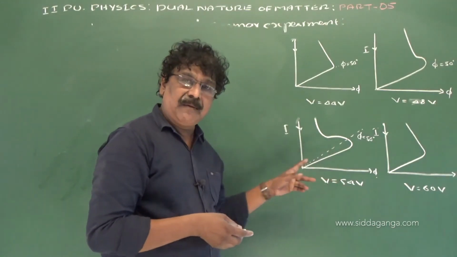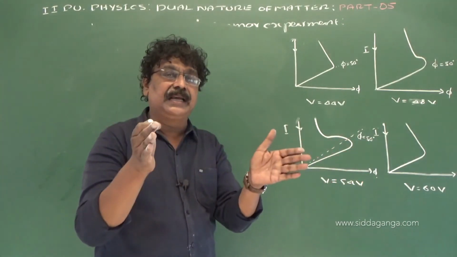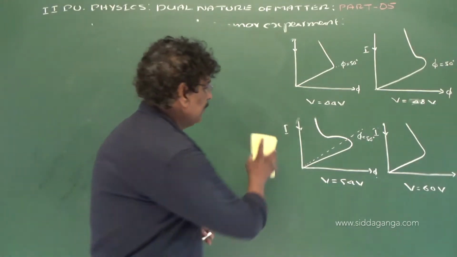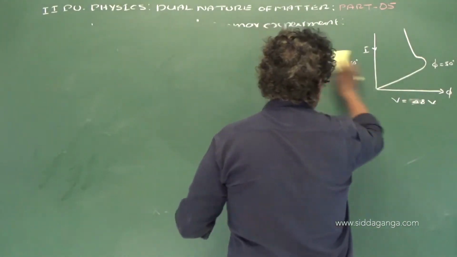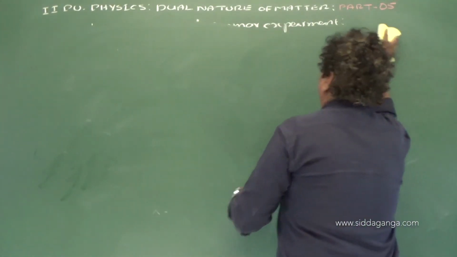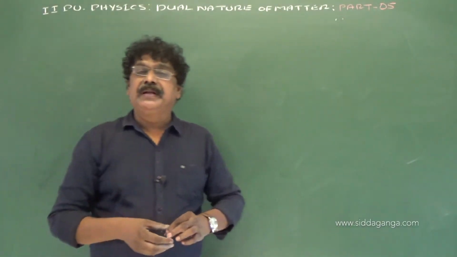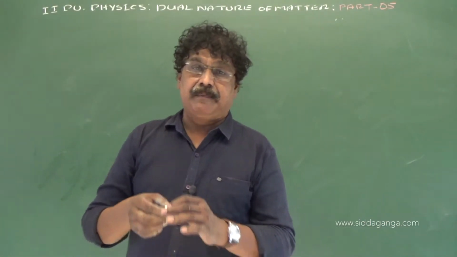For lambda less than that or more than that, the intensity is not maximum, that is minimum. Therefore, this experiment clearly demonstrates the wave nature of electrons, and that completes your dual nature of matter.